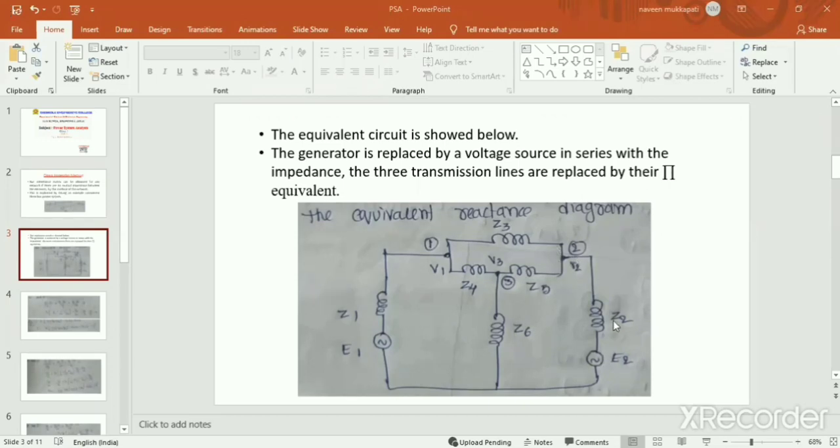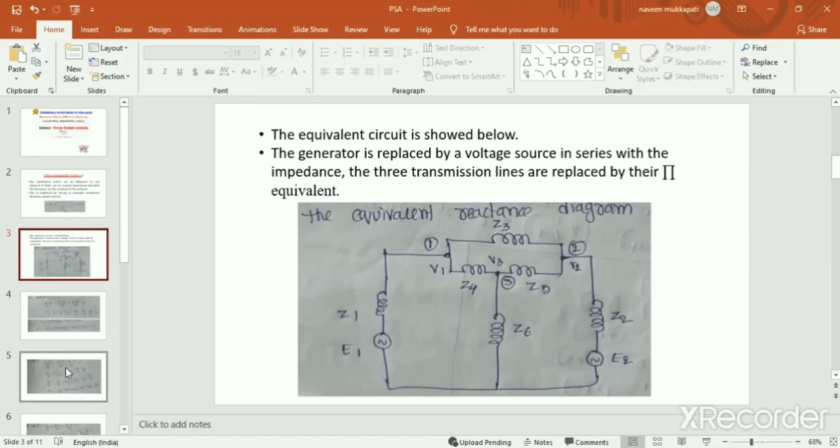V2 minus E2 by Z2 plus V2 minus V3 by Z5 plus V2 minus V1 by Z3 is equal to 0. Understand? This is equal to 0.